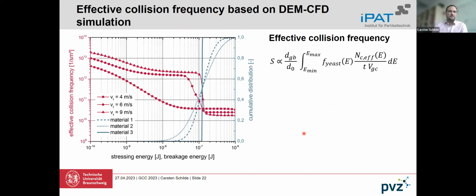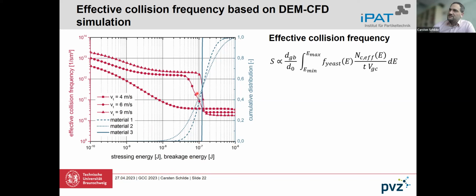This looks a little bit complicated, but it's not very complicated. On this plot, we just change the direction from low to high stress energies, showing just a part of our stress energy distribution derived from our mill simulations, depicted here in the red line. We have three different lines at different tip speeds within our stirred media mill, where we derive our stress energy distribution. And in blue we have the breakage energy distribution of our material.